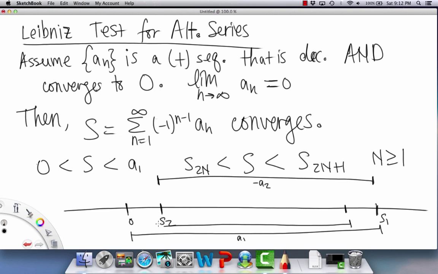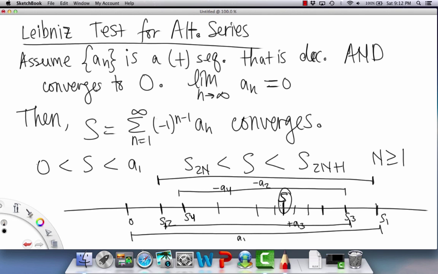I'll draw out 4 of them, but there's obviously an infinite number. So this is plus a3, and one more for a4, so this is minus a4. This is our fourth partial sum, and then we have 5, 6, 7, 8, 9. Let's say our infinite sum is here eventually.